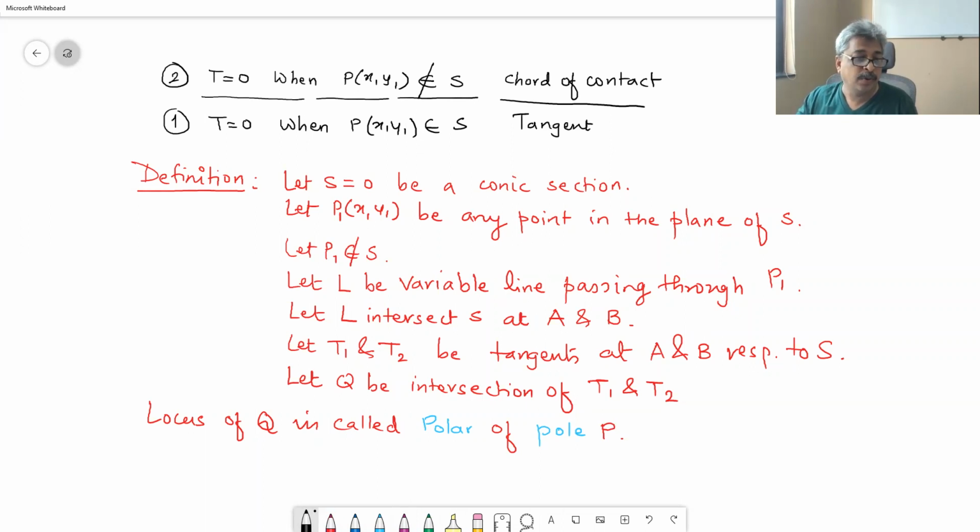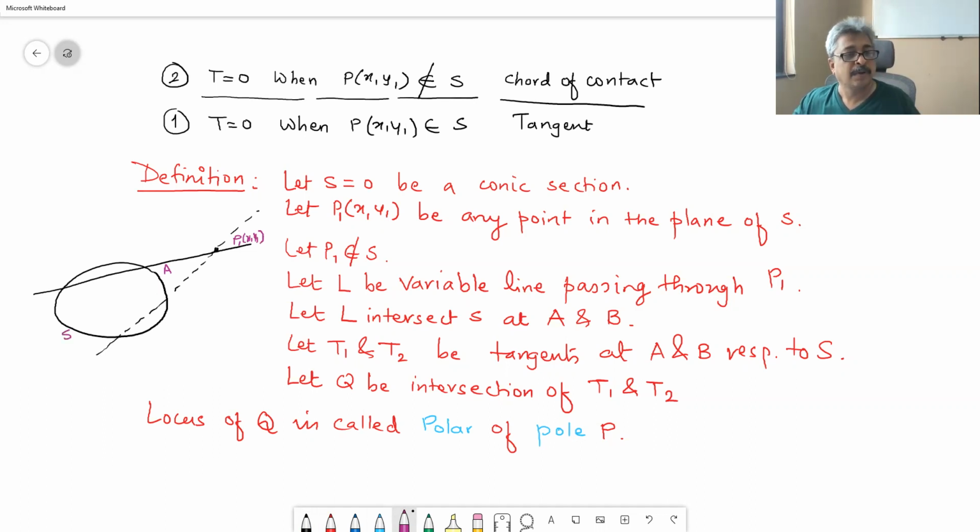Let me explain to you. Some conic is there. There is some point in the plane and there is a variable line. So I am putting two positions of the line. This is A, this is B, let us call this P1. This is S, then this is A, this is B. What we do is we draw a tangent at this point, we draw a tangent at this point.